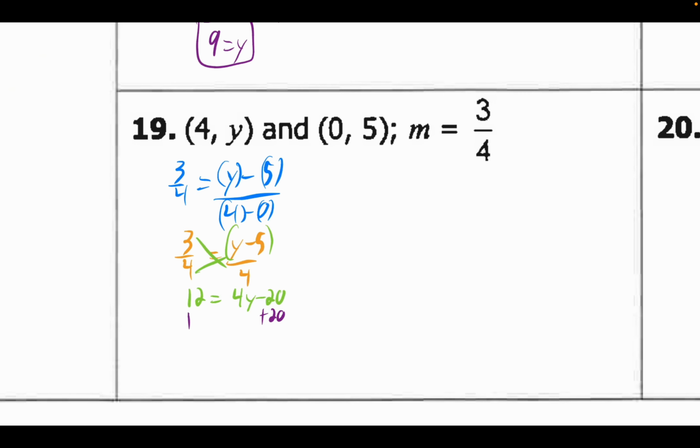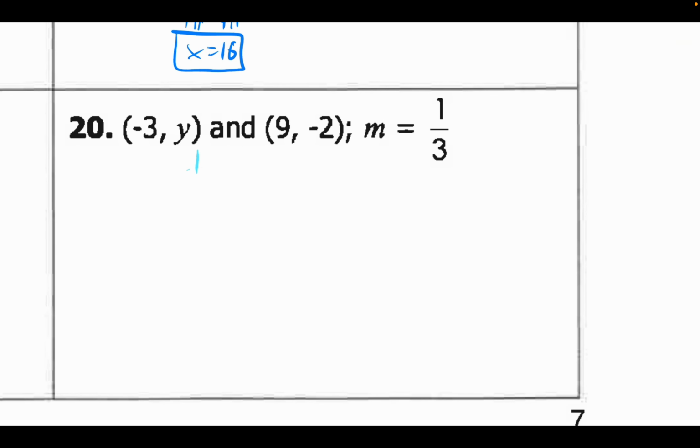Adding 20, I get 32 equals 4y. And dividing by 4 results in 8 equaling y, or y equaling 8. Once again, which side the y is on and which side the 8 is on doesn't even matter.